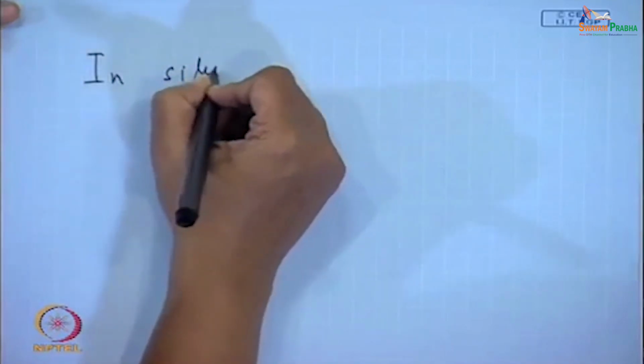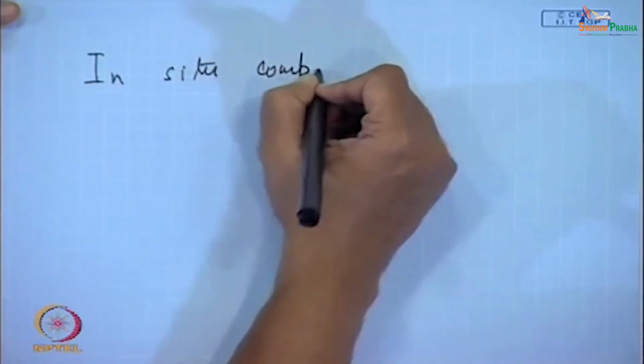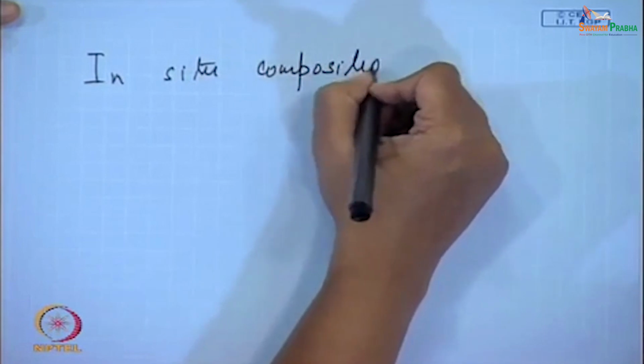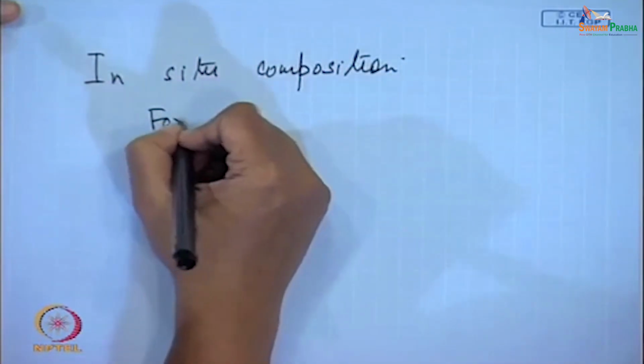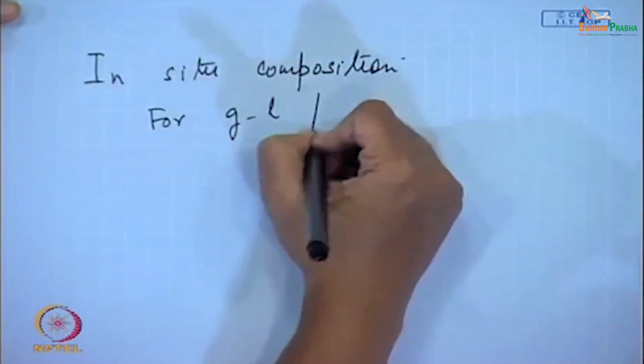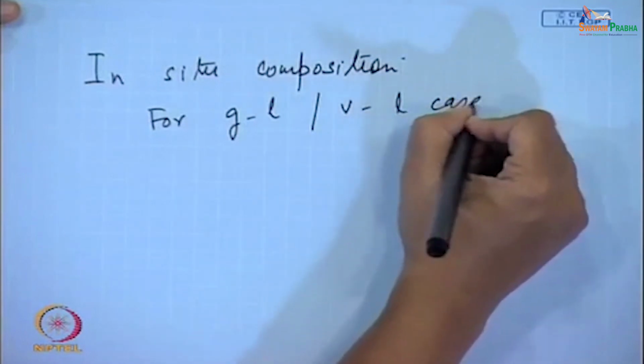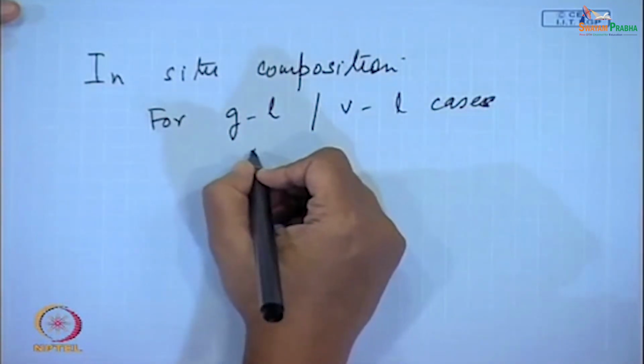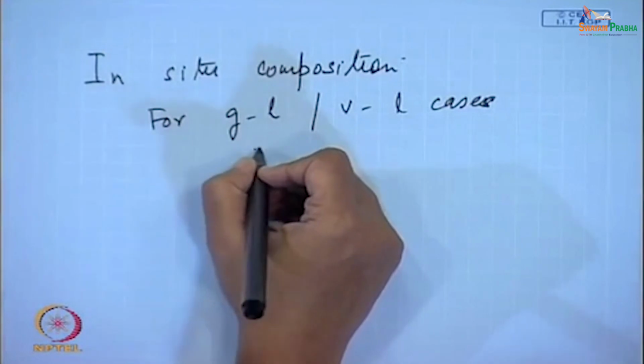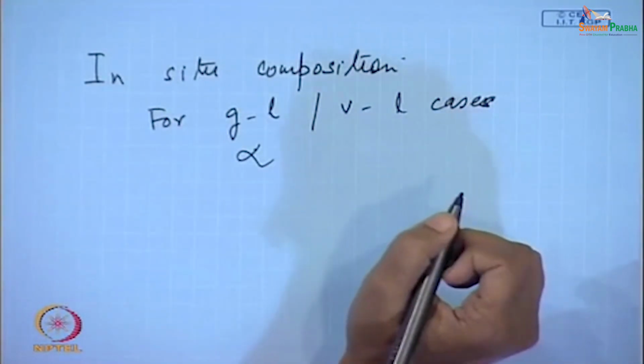So, we need to have two particular parameters to define the composition. One of them is going to be the in situ composition, which for gas liquid or vapor liquid cases is nothing but the void fraction which we denote as alpha.